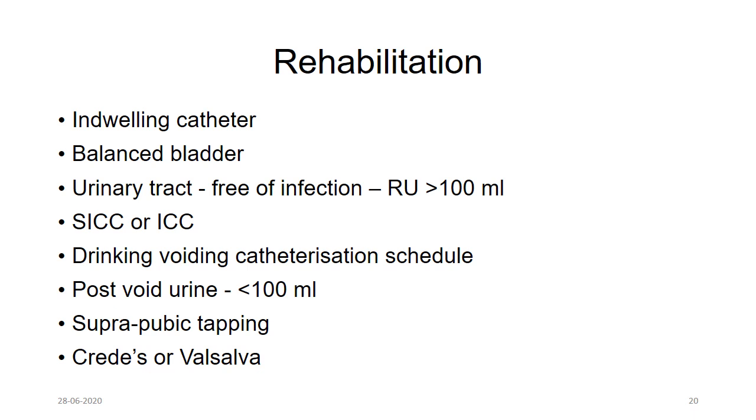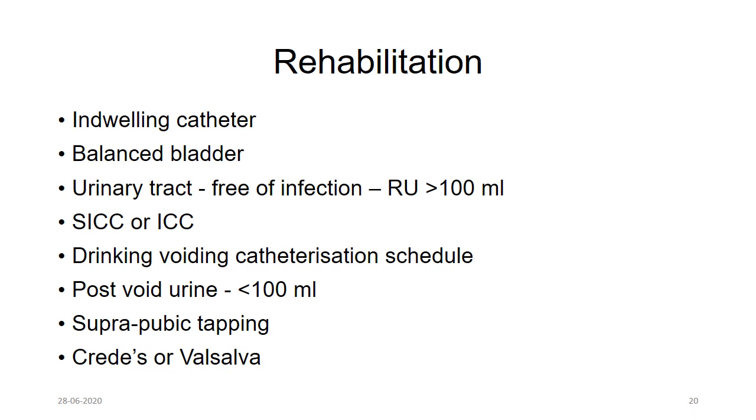If the urinary tract is free from significant bacteriuria and pus cells, and there are no fresh onset signs and symptoms suggestive of infections, but the residual urine or RU volume is more than 100 ml on repeated estimations, we have to start clean intermittent catheterization.